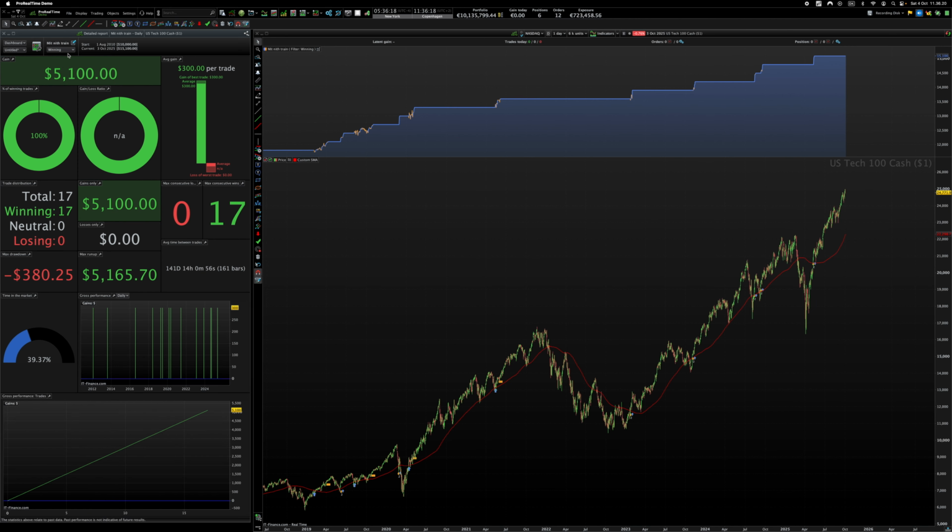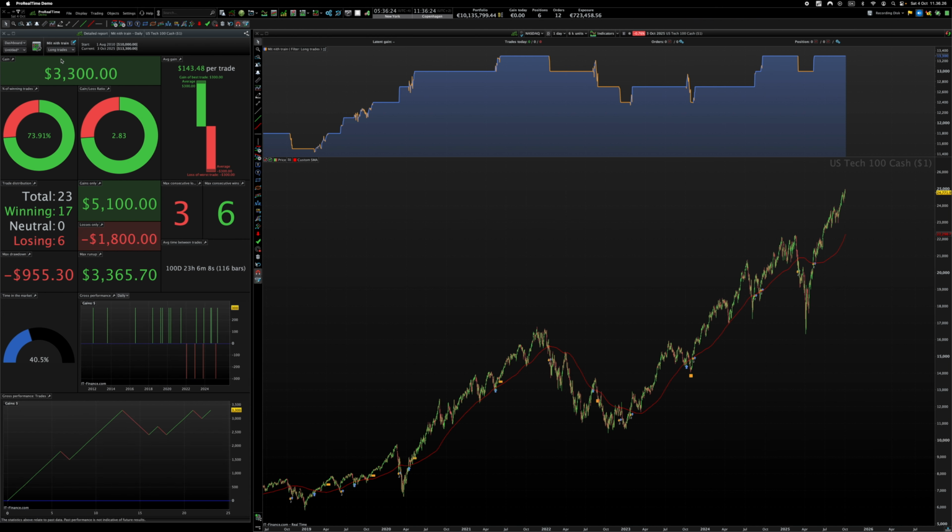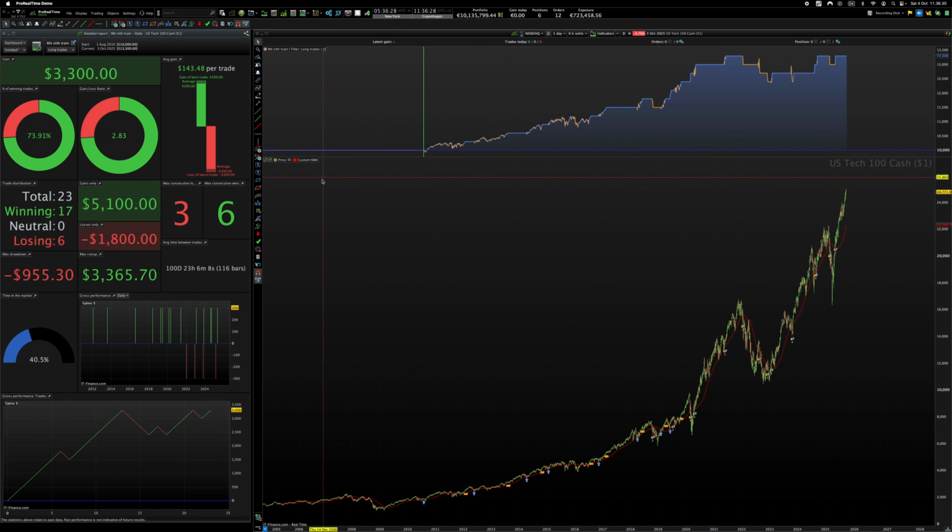Total wins. Okay. Short trades, none. Long trades, yes. Okay. Well, there's only one thing to do from here, and that is simply to put it into the portfolio, and let's just do that now.